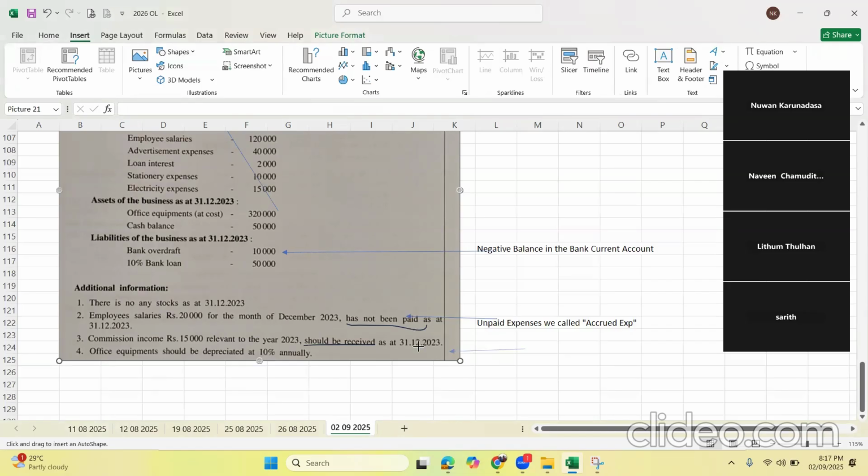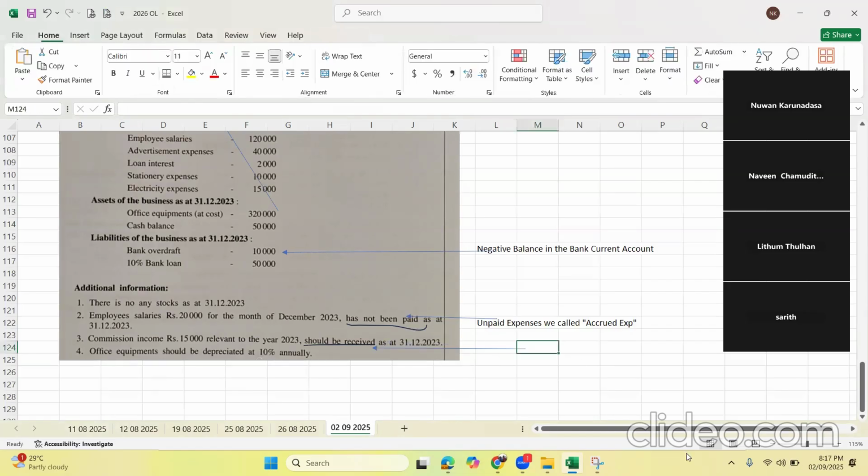It is yet to be received. Then office equipment is to be depreciated 10% annually.